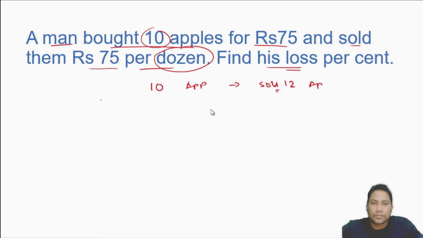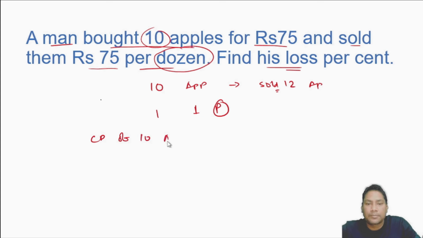So in this type of problem, we will calculate the price of one apple, the cost price and the selling price. In this question they have given the cost price of 10 apples, 75 rupees. So we can calculate the cost price of one apple, that will become 75 divided by 10.